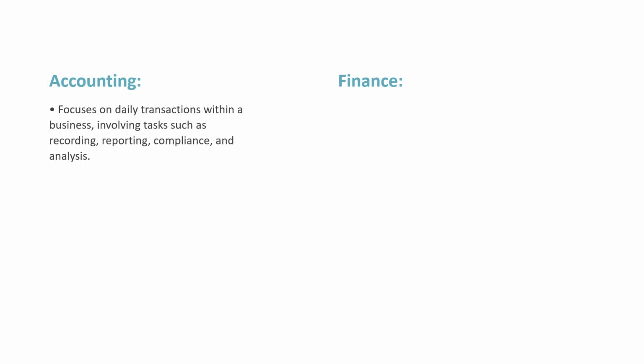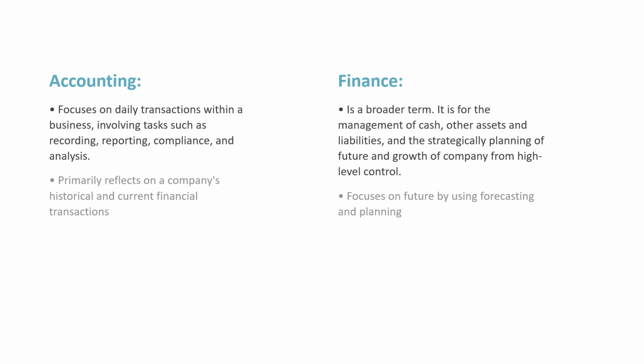But finance is a broader term and mainly focused on managing cash and other assets, liabilities, and planning the future of the company. It also often plays a huge role in strategy. Accounting is more focused on historical and current information, whereas finance is more forward-focused, to forecast and plan the future.